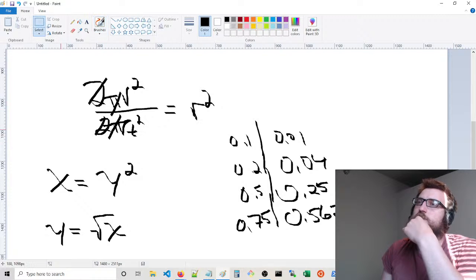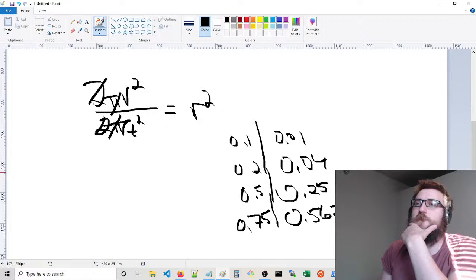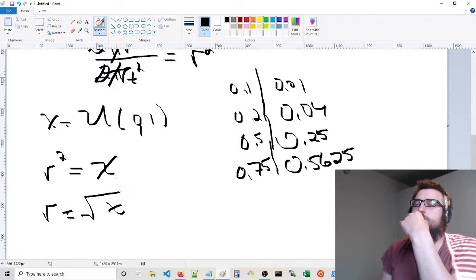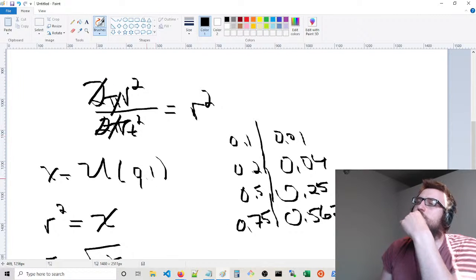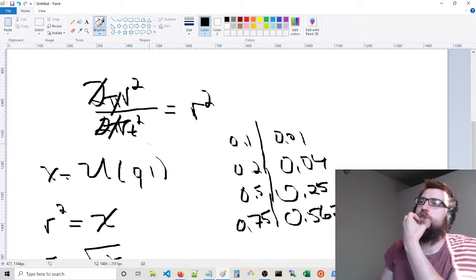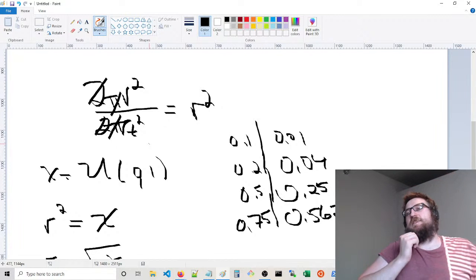So, if X is a uniform distribution from 0 to 1, then R squared equals X, which is to say that R is the square root of X. That's what I want to say. I think that's where this is coming from. Again, really confusing.